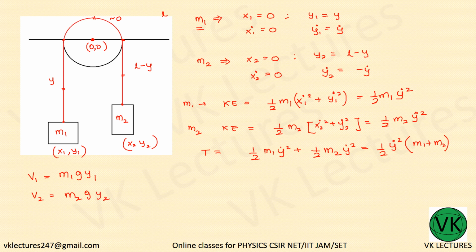Here we will make a note that y1 is minus y and y2 is minus of L minus y, simply because it's in the negative y direction.